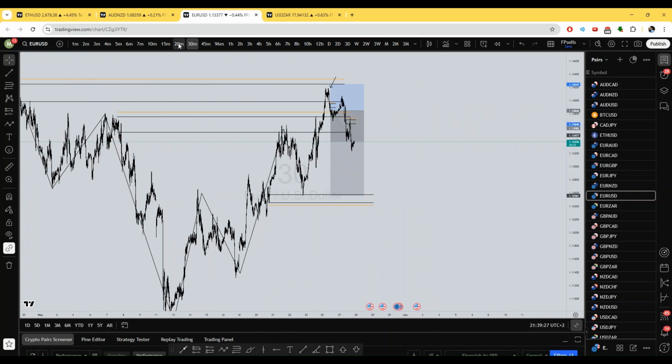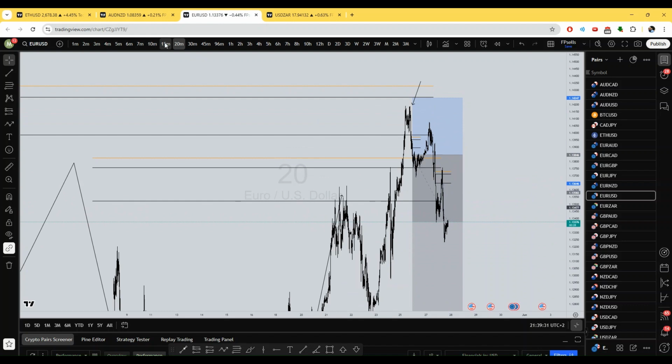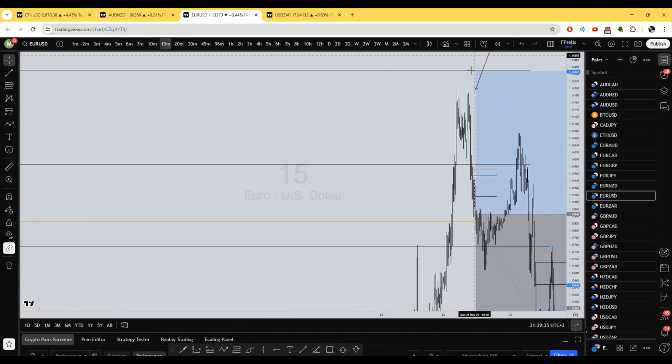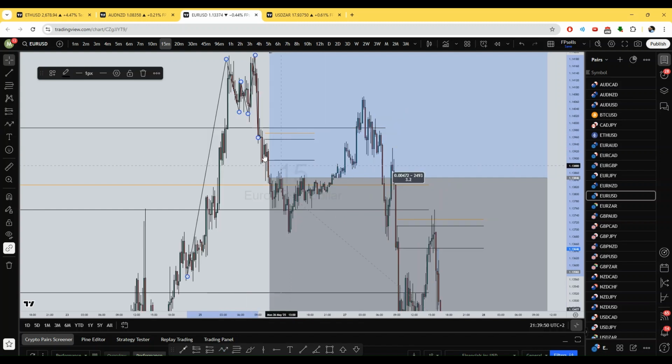So how did I actually place my sell? I think I did it on the 15 minutes. So from here, what you can see, strong push, form of consolidation, strong push to the downside. So this is really what I wanted to see.